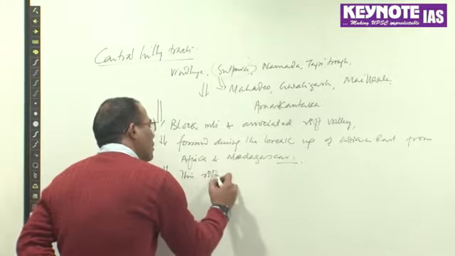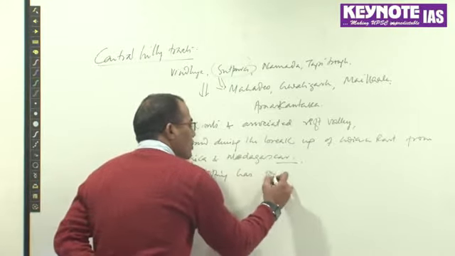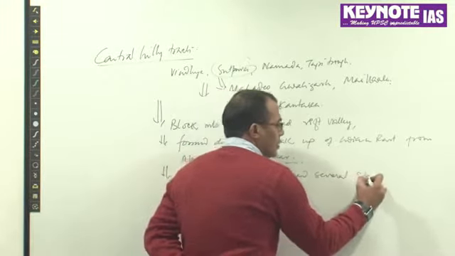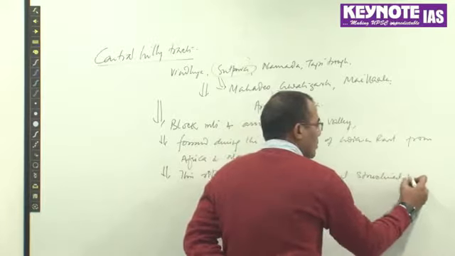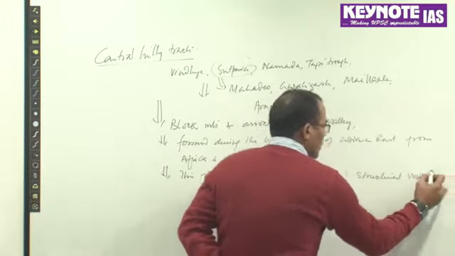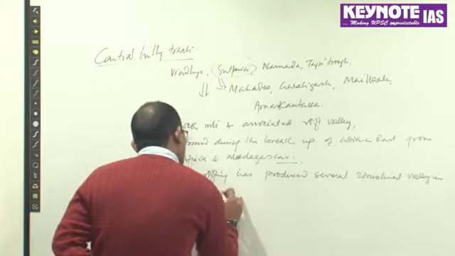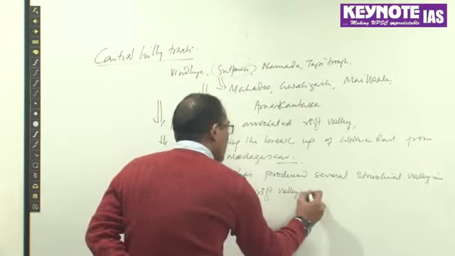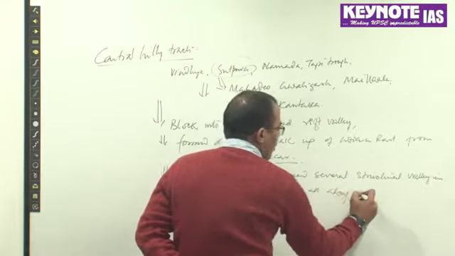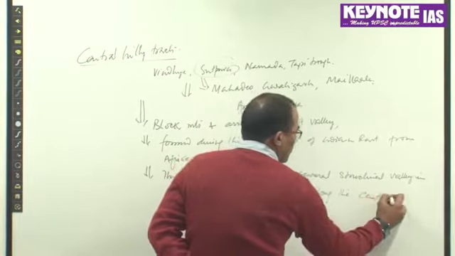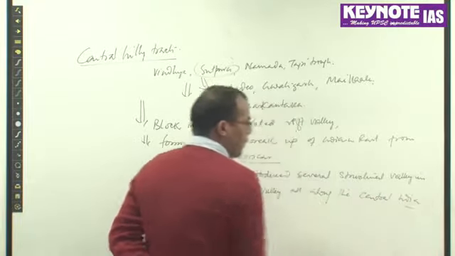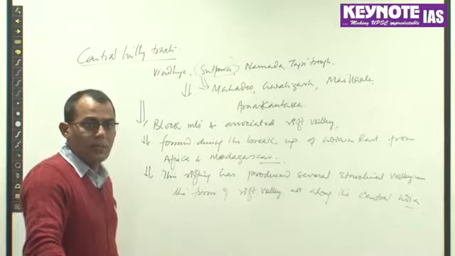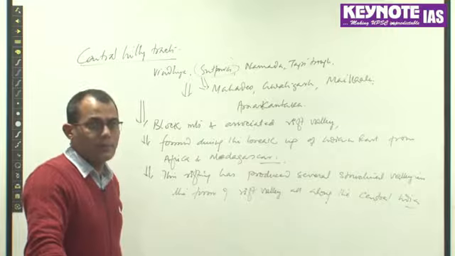This rifting has produced several structural valleys in the form of rift valleys all along central India. When Africa was breaking from India, India was roughly lying close to the equator. Right?